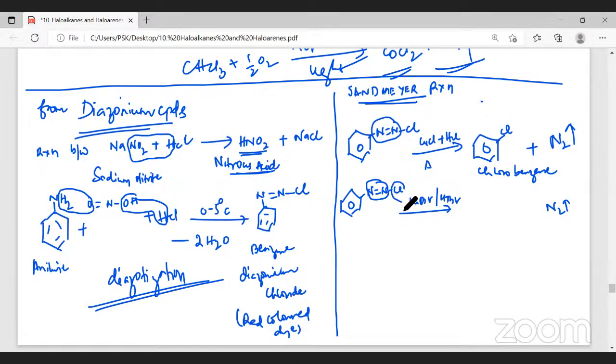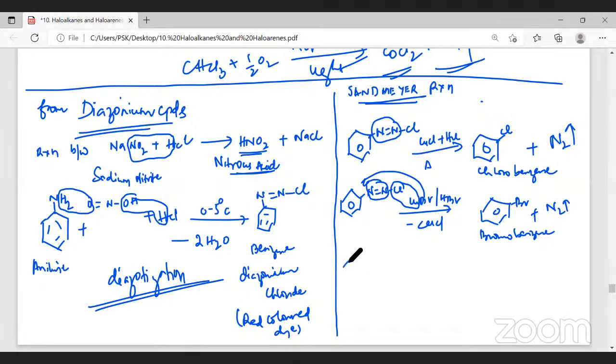The chlorine and copper get eliminated as cuprous chloride. In place of Cl, Br goes. Therefore, you get a benzene ring with Br. This is called bromobenzene.